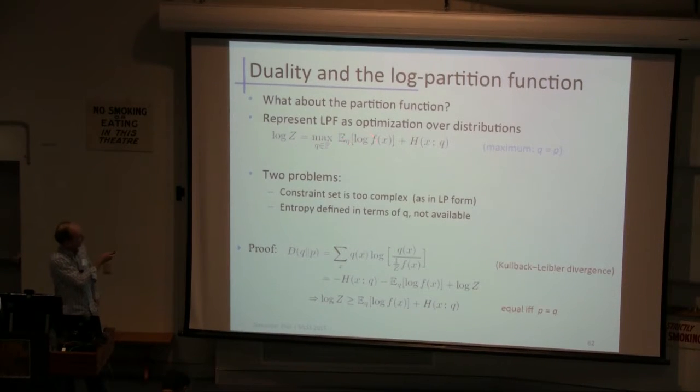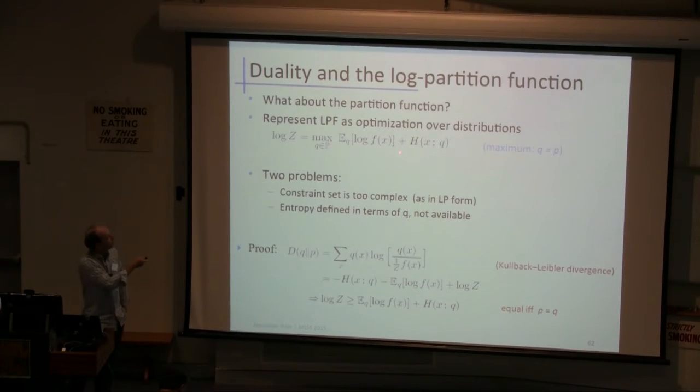And secondly now, in addition to this term, which decomposed nicely for the maximization problem, we now also have an entropy. And the entropy is defined in terms of the joint distribution Q, which isn't really available to us, right? We never want to specify Q because it's an exponentially large function over the state space X.